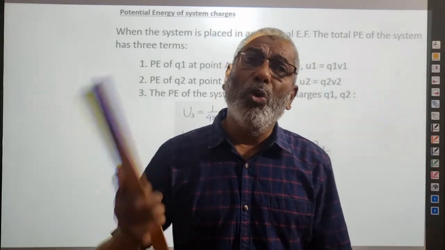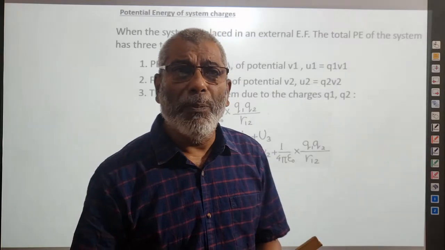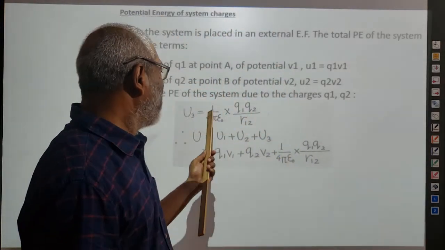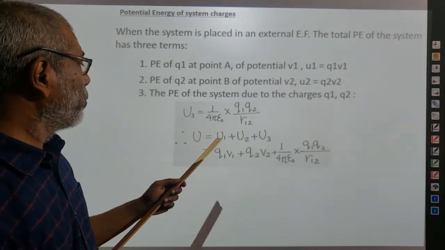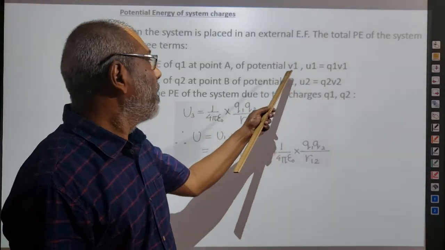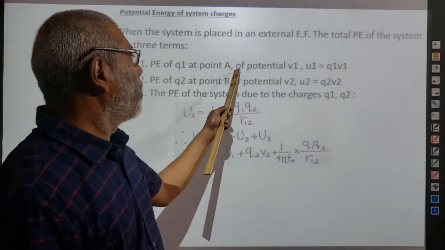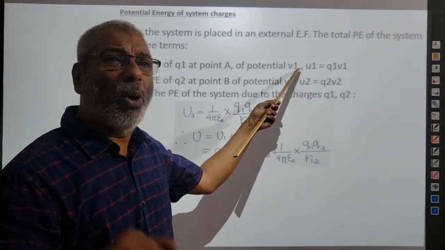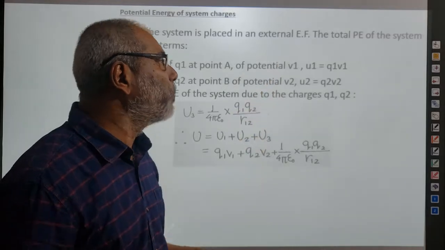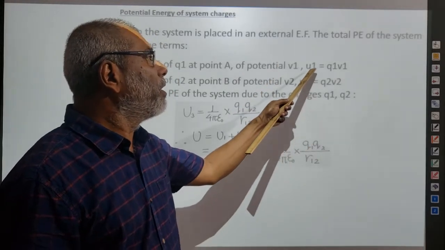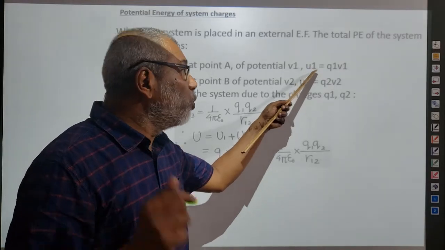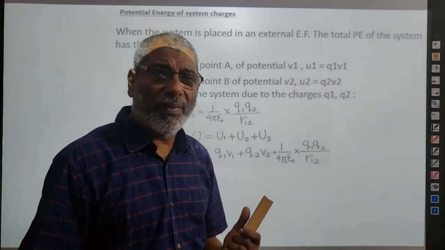If charge Q1 is placed there, the potential energy is Q1 into V1, where the point A has a potential V1. Hence, the potential energy of the charge Q1, that is U1, is equal to Q1 V1.